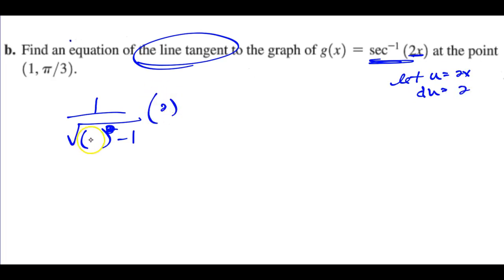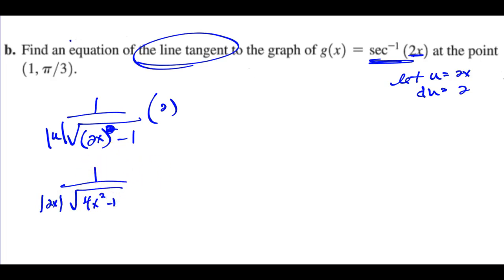I'll write that now so I don't forget. And then remember you have this absolute value of x floating out front. But it's really absolute value of u floating out front. And remember that u is really 2x because I did a u sub. So 1 over the absolute value of 2x, the square root of 4x squared minus 1.